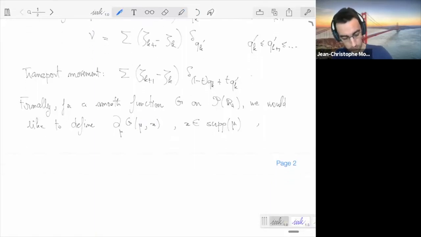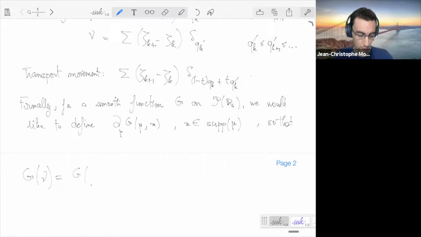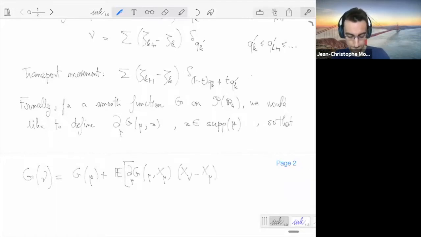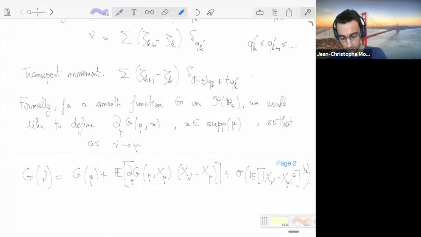And we would want that if I do a first order expansion of G near a measure μ, I will have a formula of this sort, ∂μG(μ, x), plus something of lower order, as ν tends to μ, in the sense that this quantity goes to 0.